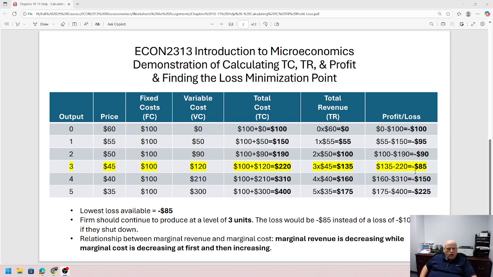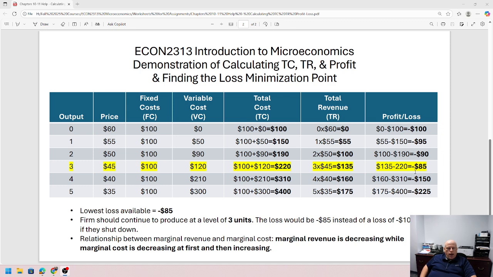Okay, so the firm should continue to produce at a level of 3 units of production, because that loss of $85 is less than what our loss would be if we shut down in the short run, because our loss if we shut down is that fixed cost, which is $100. So we would lose $100 if we shut down. We only lose $85 if we produce 3 units of production.